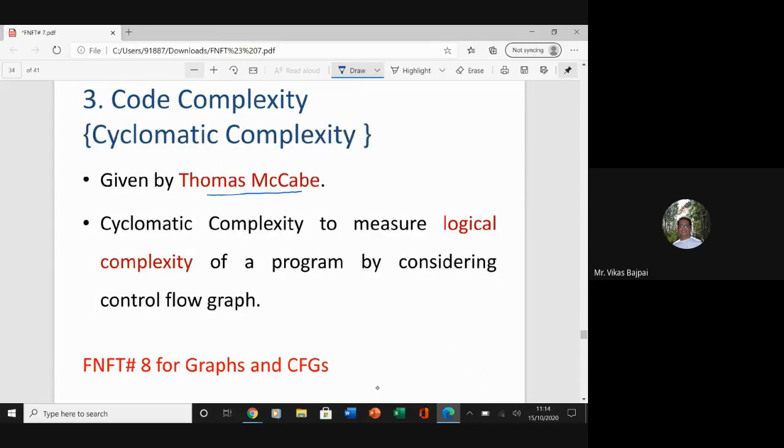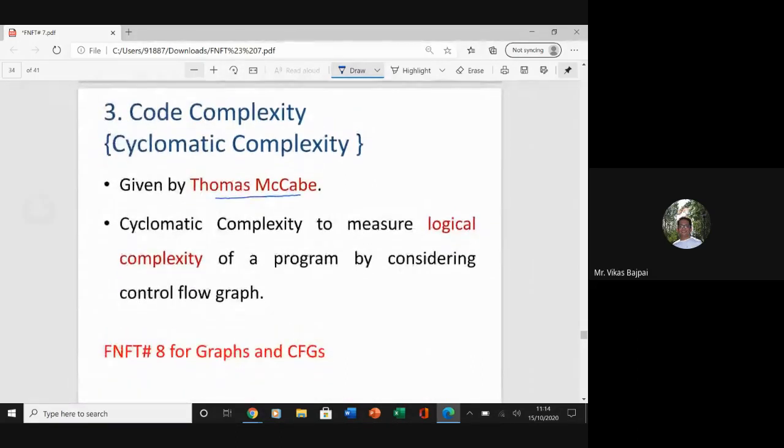Let me reduce the size. So this is nothing but a software metric. Your code complexity is nothing but a software metric.